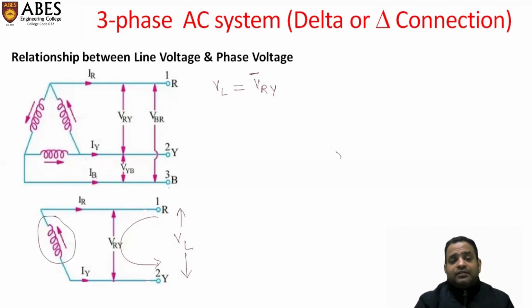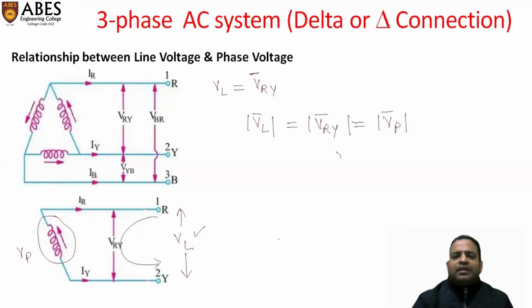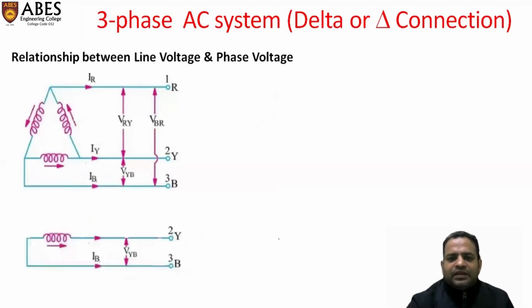In star, we take two phases to make a line, but in delta, this VL and this VP are both equal. So here our line voltage VL is equal to VRY, which is also VP. So our line voltage is equal to VP.